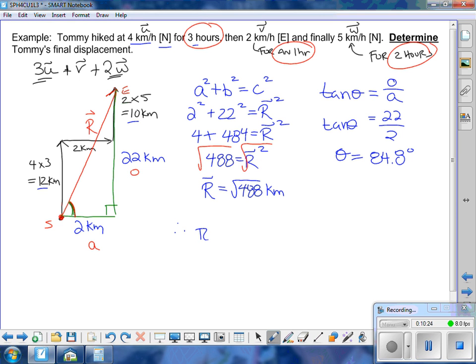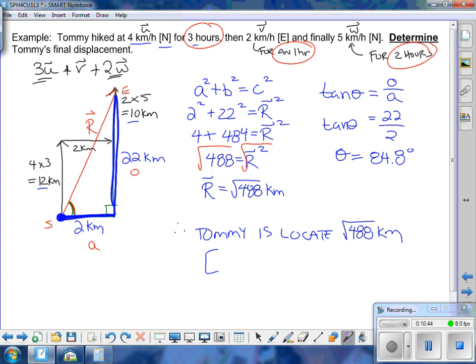So therefore, Tommy is located the square root of 488 kilometers, and the angle or the location based on the triangle I drew. I went east first and then north. So I went east, leave a space, north, and the angle you found always goes in the middle. And there you go. So there are your two application questions.